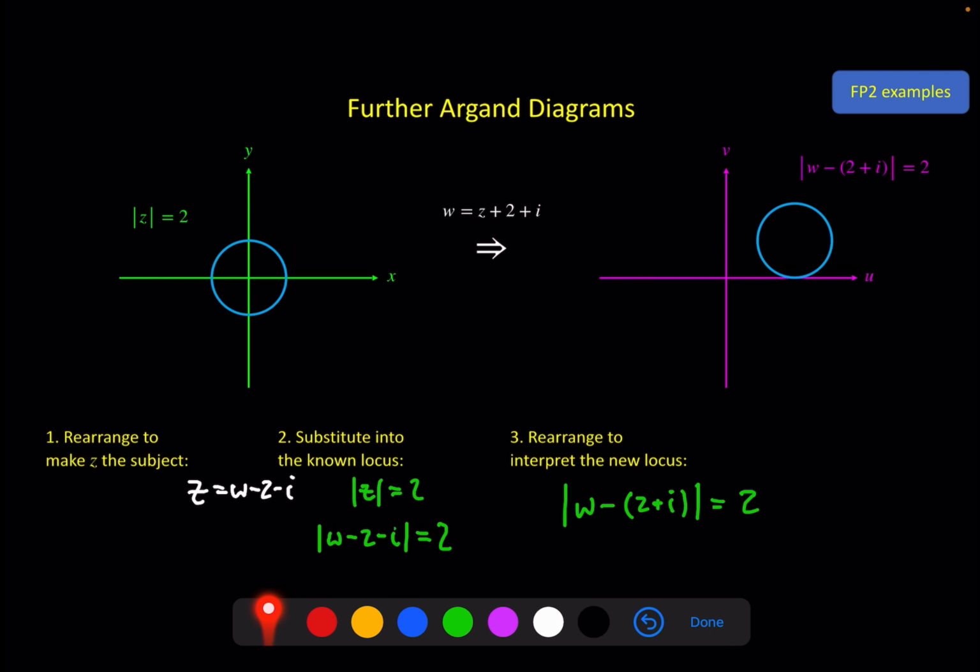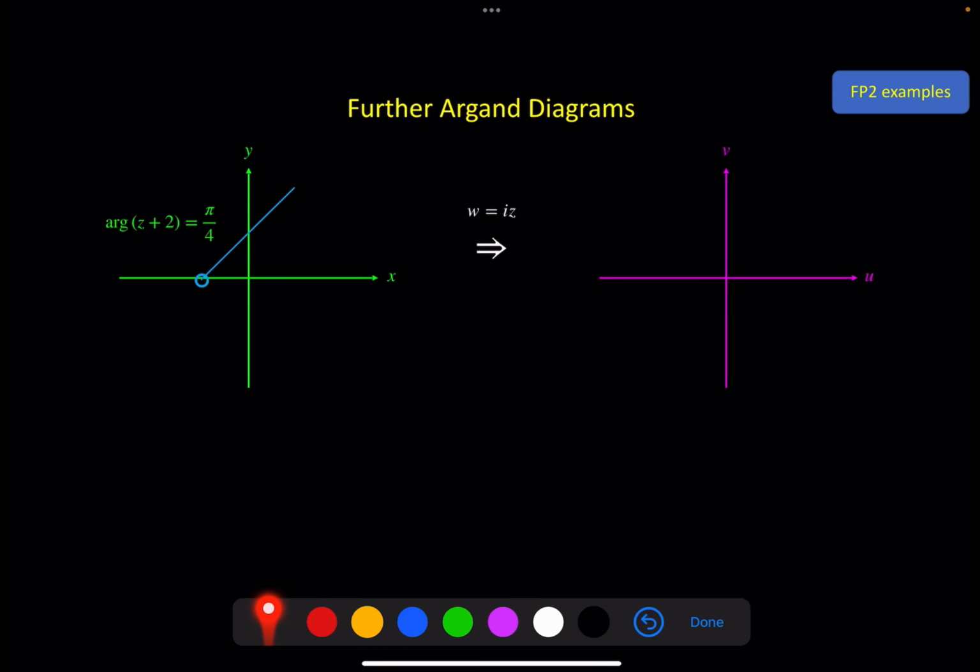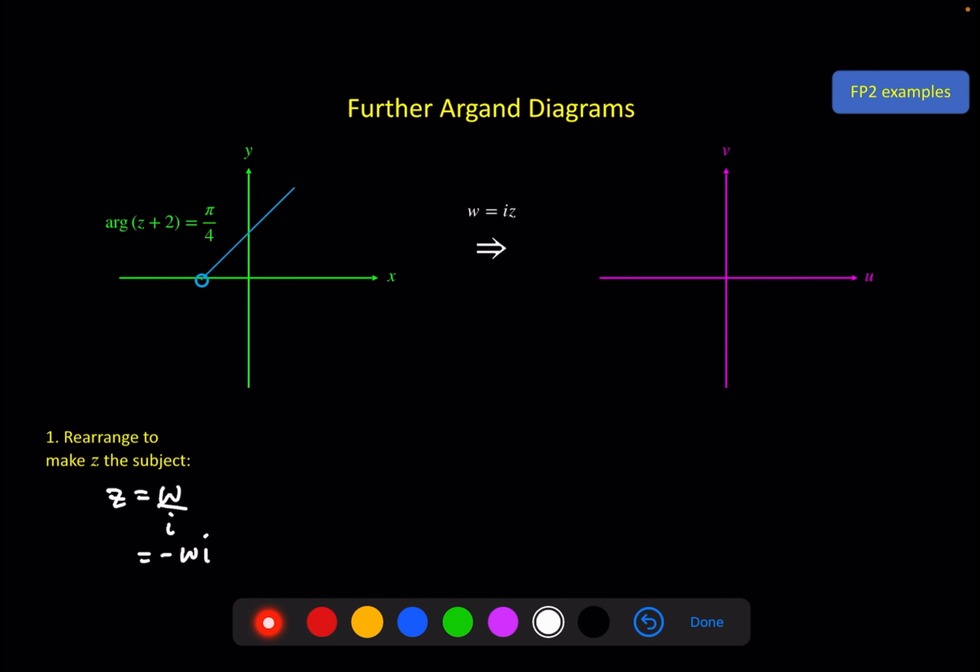Third and final simple example is this. This is slightly more interesting because you might not be able to see what's going to happen just by looking at this. Rearrange to make z the subject. z is equal to w divided by i. I don't really want i in the denominator though, so I'm going to multiply top and bottom by i, which gives me a -1 on the bottom and an i on the top, so this becomes minus wi.